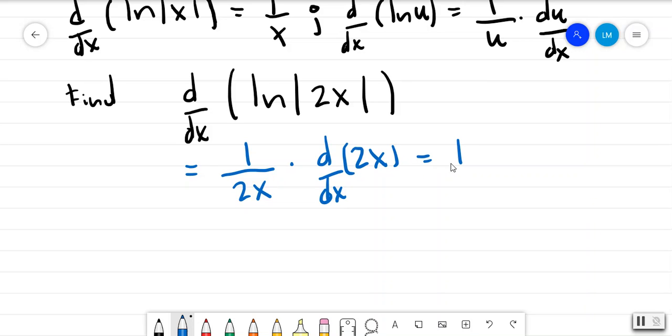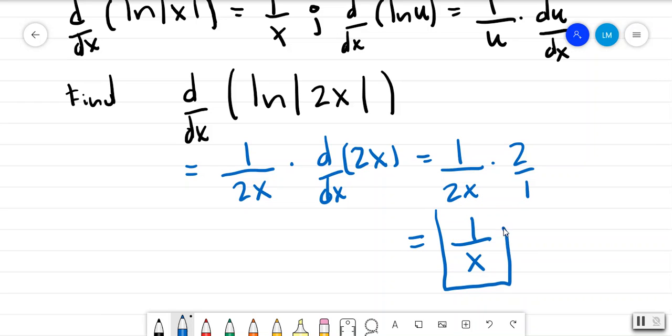So it's going to give me 1 over 2x multiplied by 2 over 1, but that's the same thing as 1 over x. This is just an example to demonstrate that no matter what it is, it's always going to be the same thing.